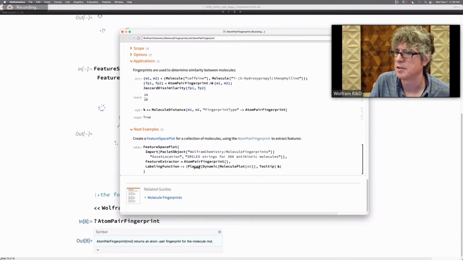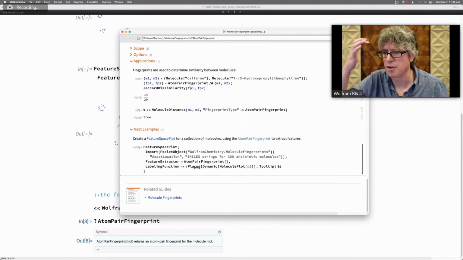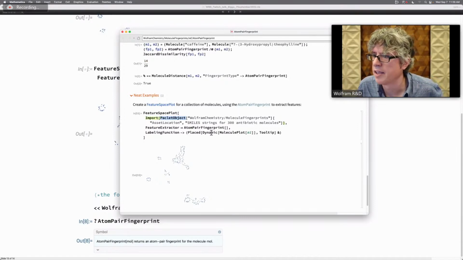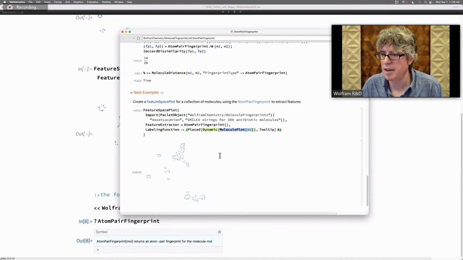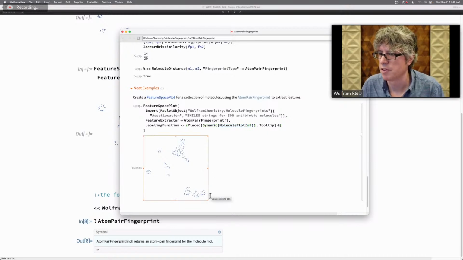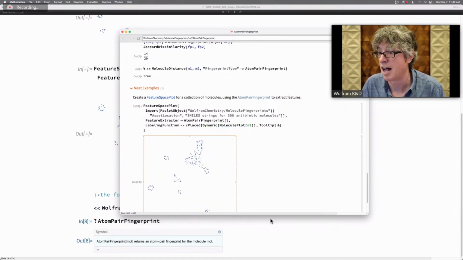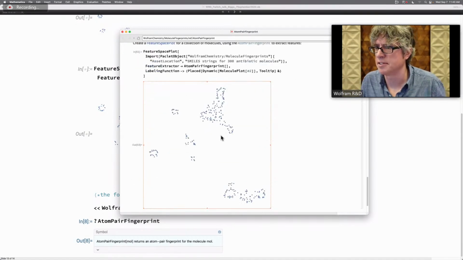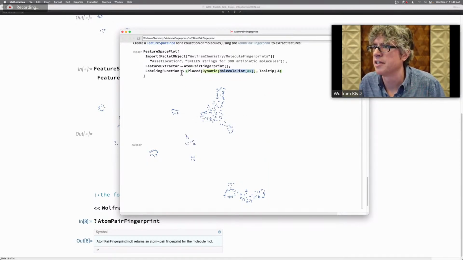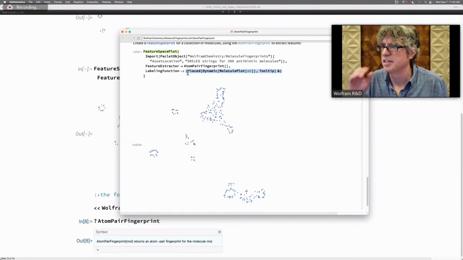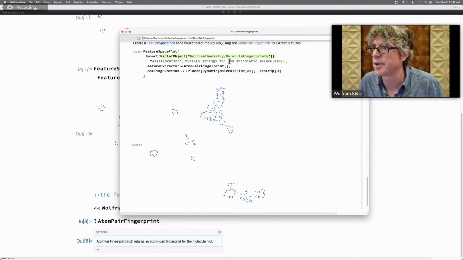And then I'm telling it for every point in the feature space plot, label it with a tooltip of the molecule plot, but generate it dynamically so that when I put my mouse over the dot, the plot is generated right now, right? And so it's fast enough that it is great. Because if you didn't do that, if you just said without the labeling function here, it can take a while to generate the plots for all 300 ahead of time.